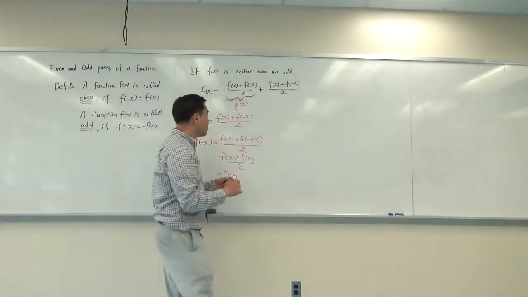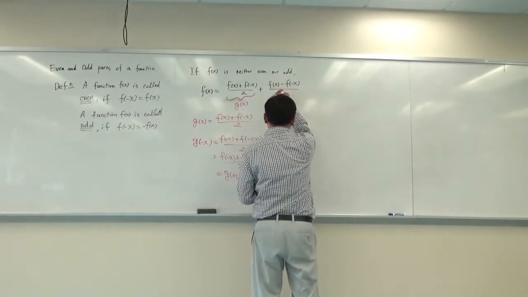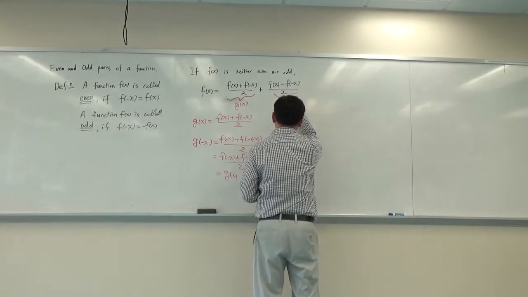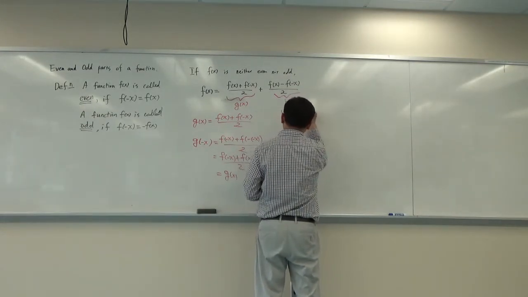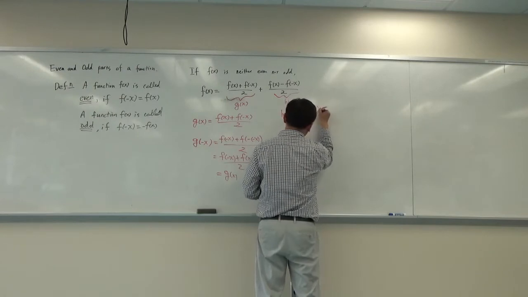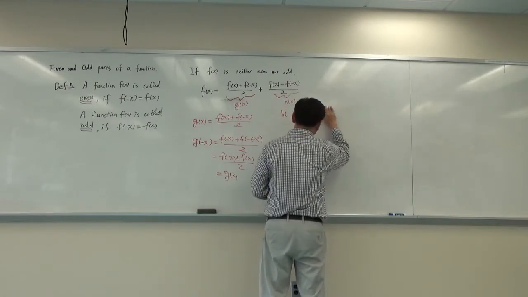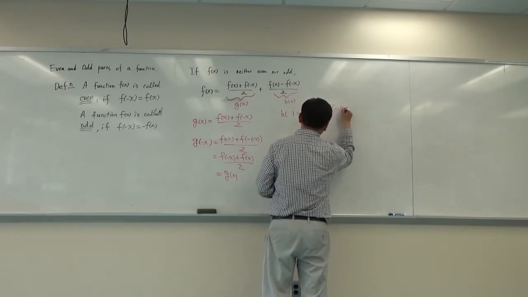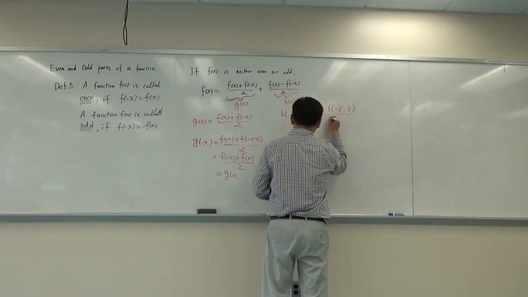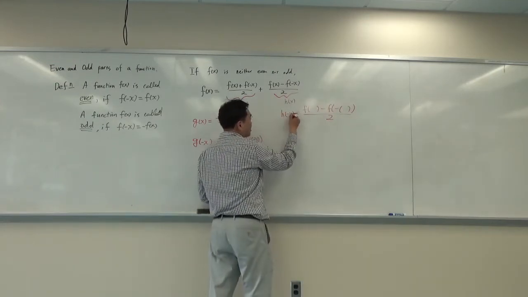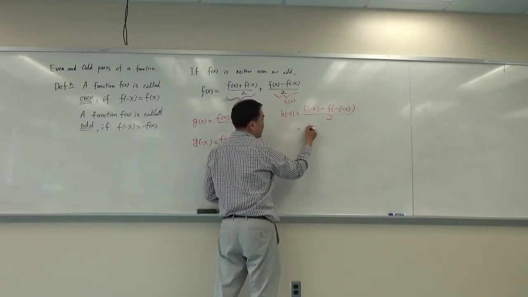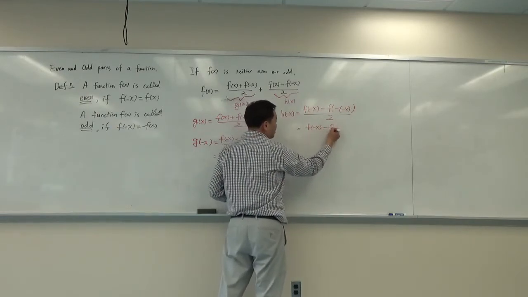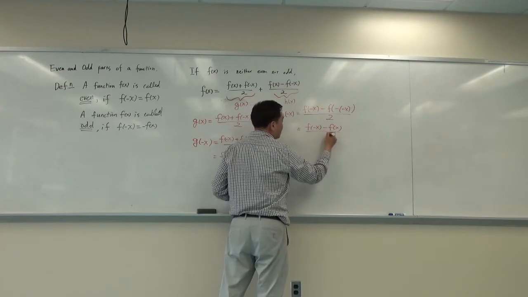In the same way, if I call this one h of x, f of x minus f of negative x over 2, and you write in negative x here, then this gives you f of negative x minus f of x over 2.